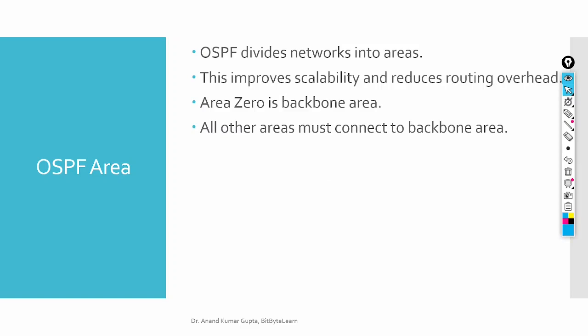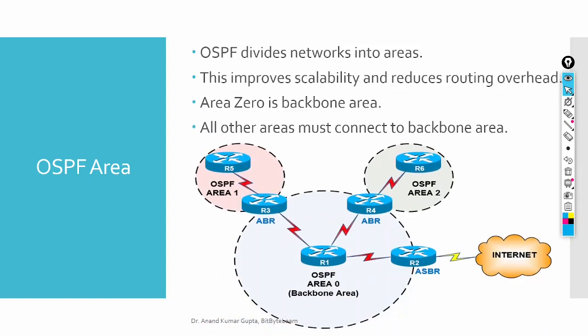All other areas must be connected to the backbone area. In this diagram, you can see there are 3 areas, area 1 and area 2, which are connected to the backbone area, area 0. And that allows the OSPF area connection.